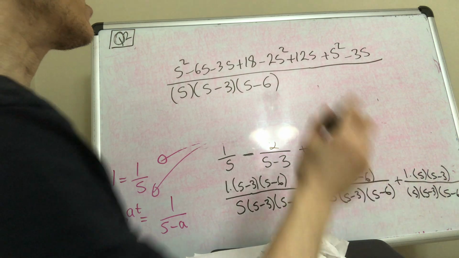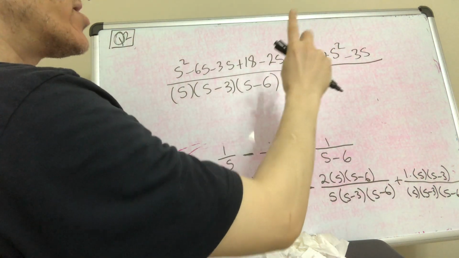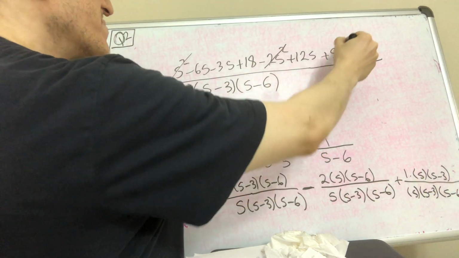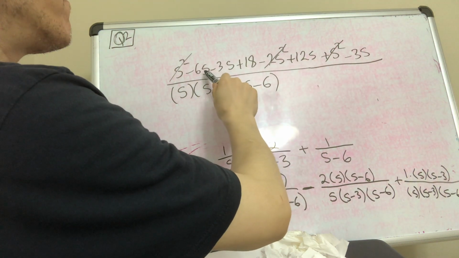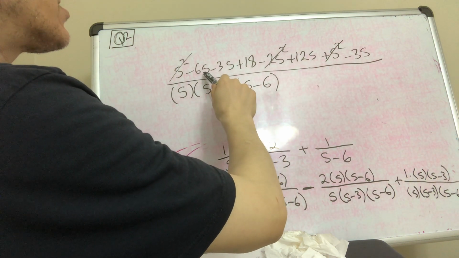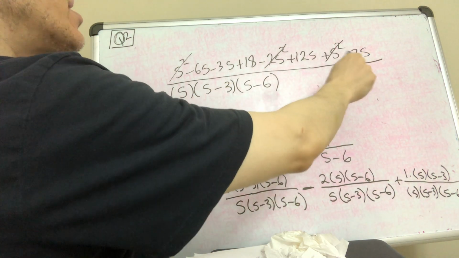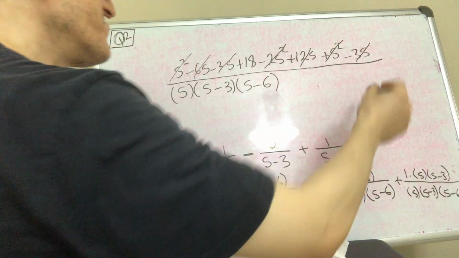Now we look at the top, you see s squared plus s squared is 2s squared, minus 2s squared, they all cancel. You look at the s terms: 12s minus 6s would be 6s, minus 3s would be 3s, minus 3s. You'll see that all the s's also cancel each other.